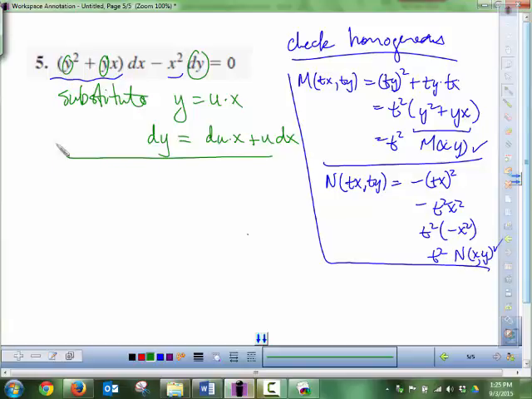Now, how is this going to look? Let's see. y is equal to u times x, so ux squared plus ux times x dx minus, probably need a little bit more room here.